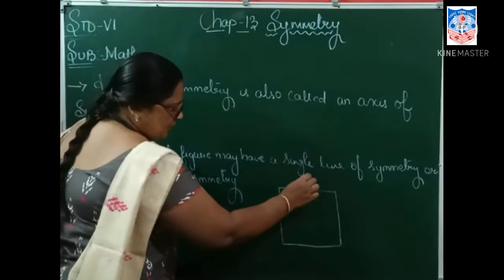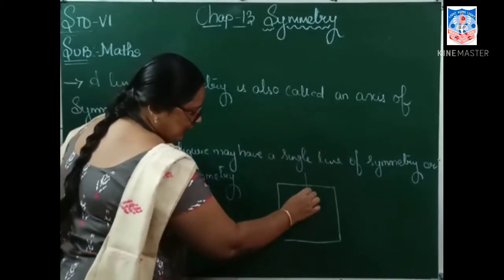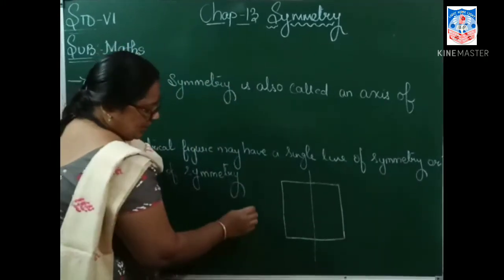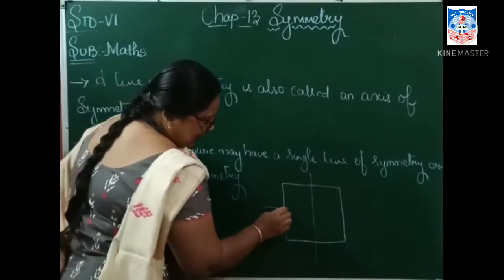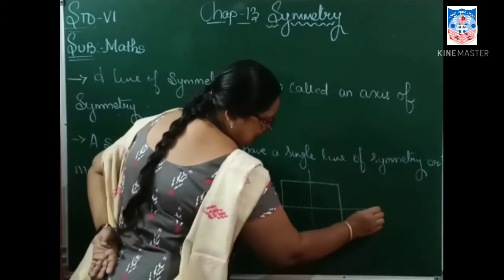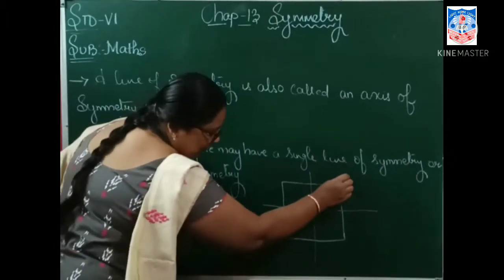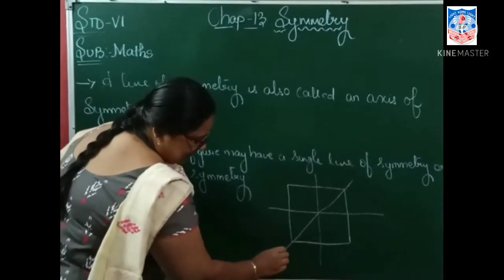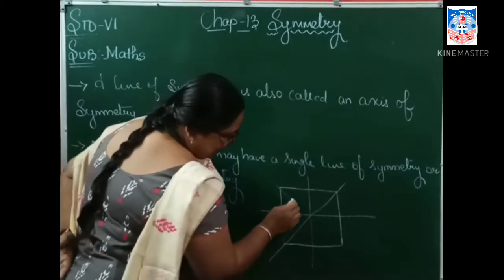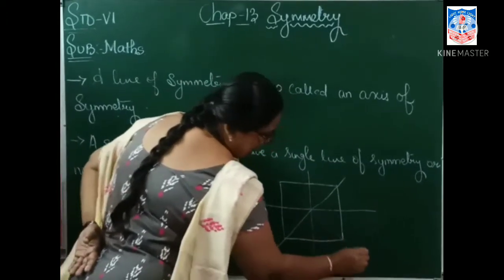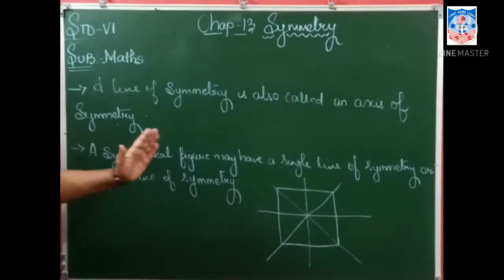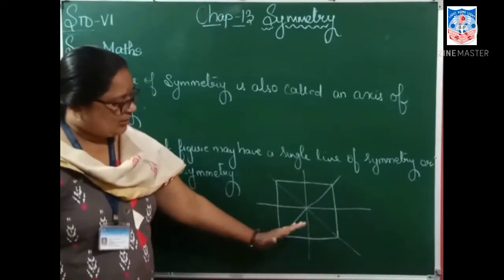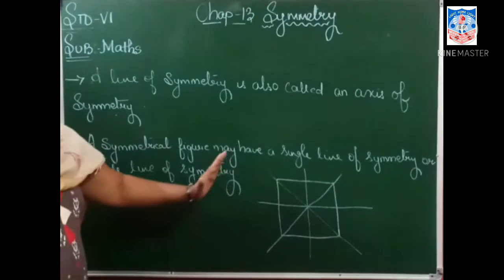We can cut it equally like this way, from here also we can cut like this, and from here also you can cut like this way. Now see, we can divide this square into four equal parts in four ways.